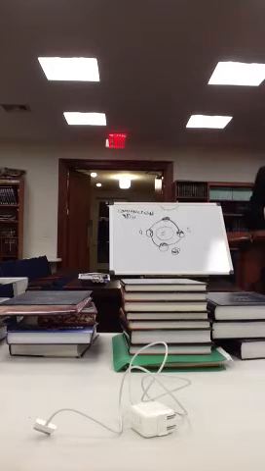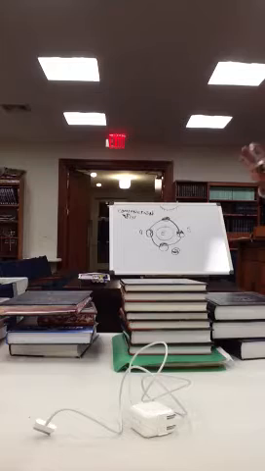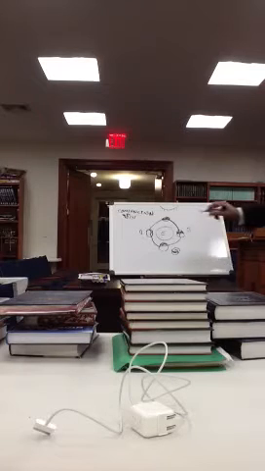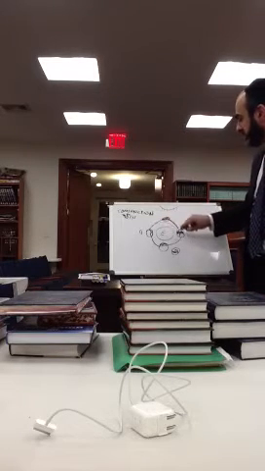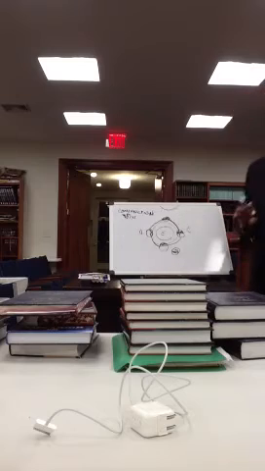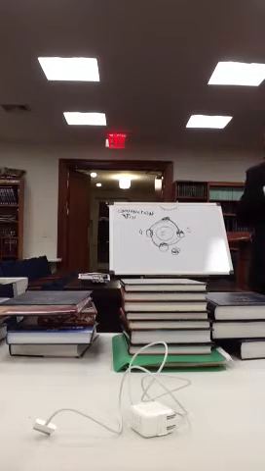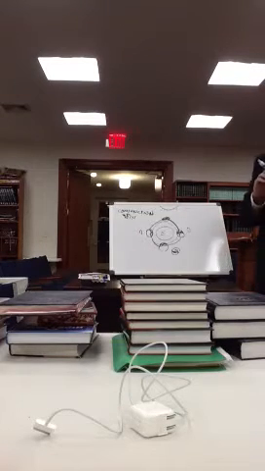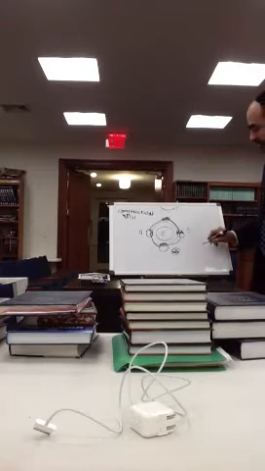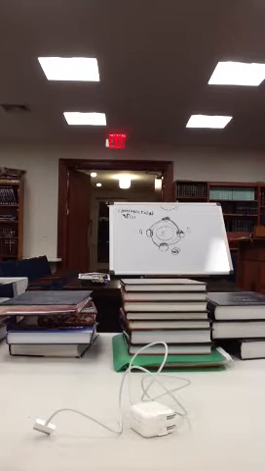Now, just a side point, this doesn't affect us so much. This looks like a 360-degree circle. In reality, it's really not. For the moon to travel a perfect 360 degrees takes a little over 27 days.